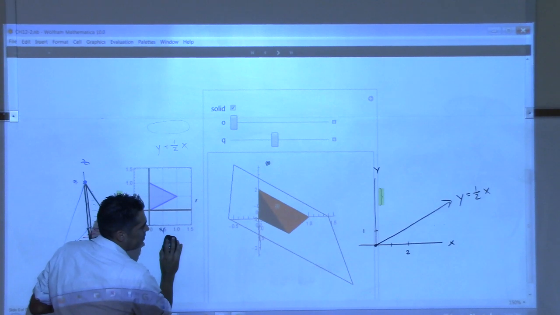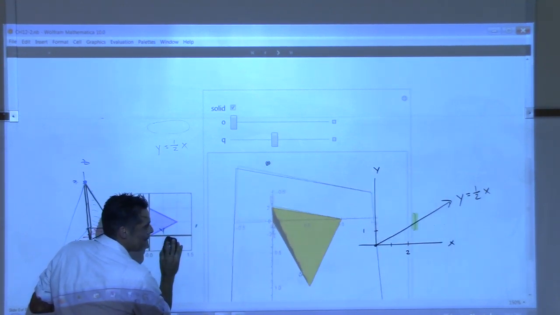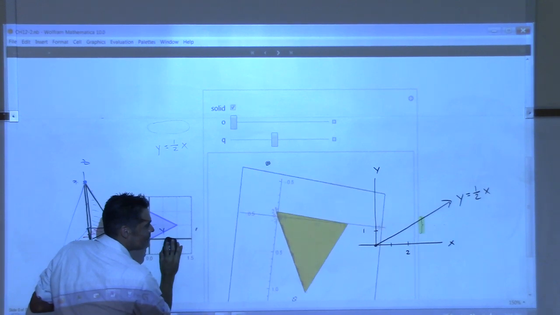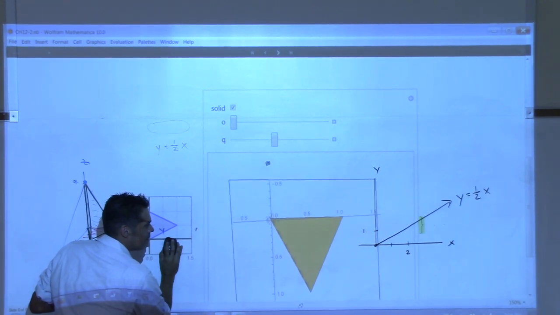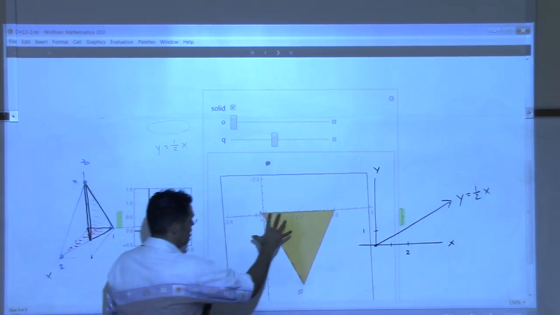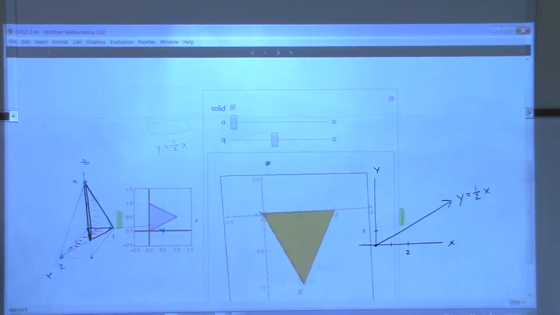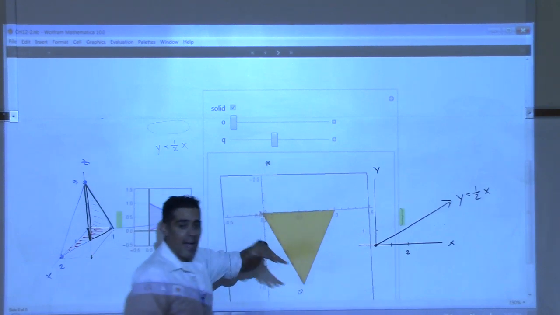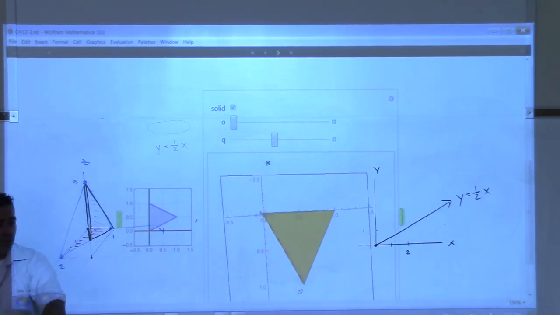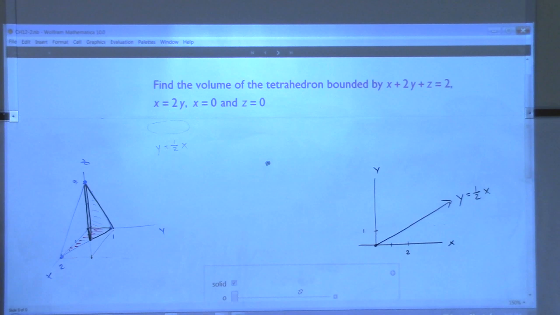If we look from straight on top, can you see that that plane straight down onto the ground creates our domain on the ground? Okay. So this is going to be able to be done with the double integral.